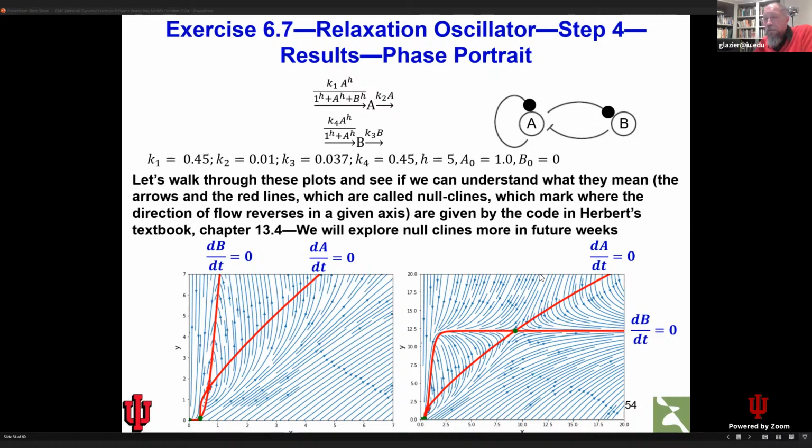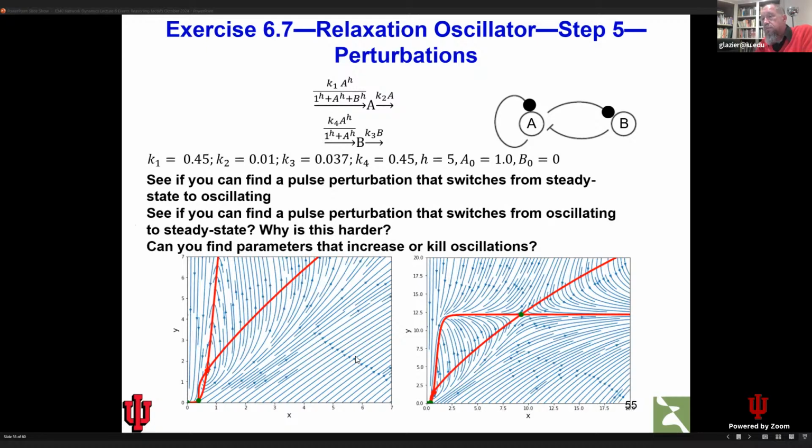If I start up at the top and to the left, I get swept down, I come all the way down, and then I start circling around that oscillator. And now what I really should do, and I don't have it here, is can you redo this?